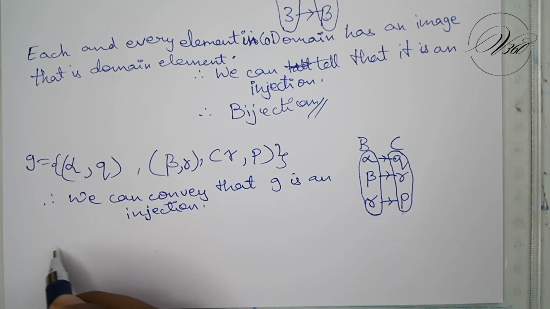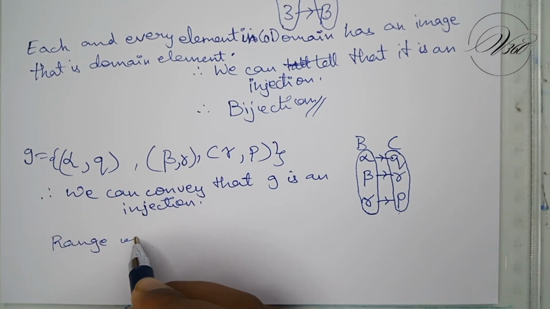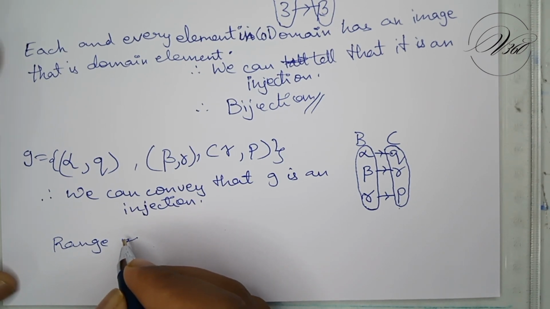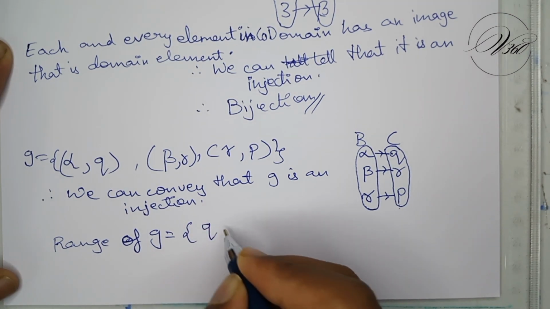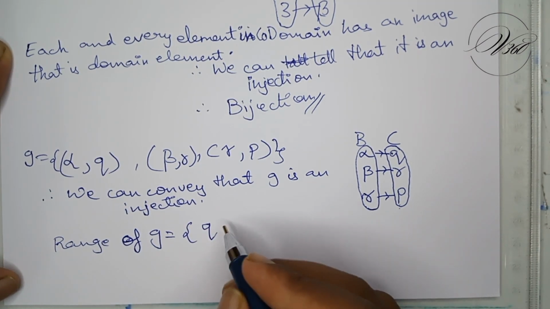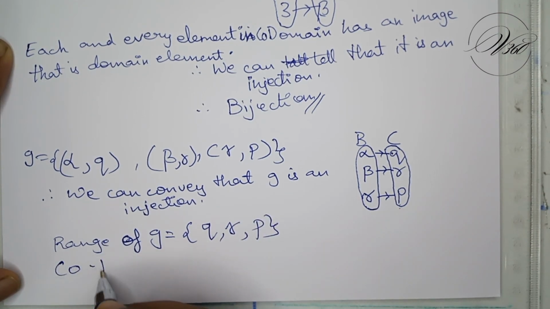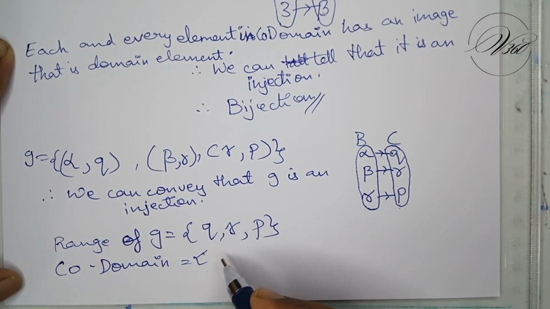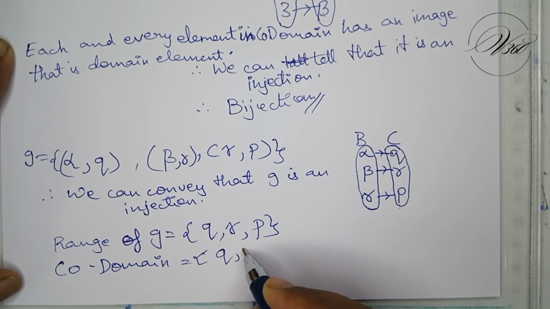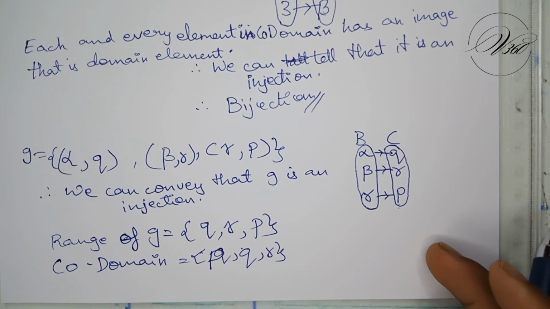Here we can directly write the range of G. The range of G is equal to Q, R, P, and the codomain is equal to P, Q, R. Now every time the C set will be in order.